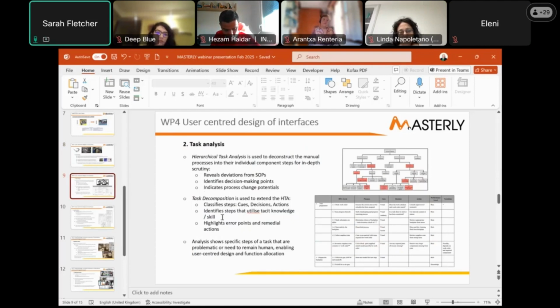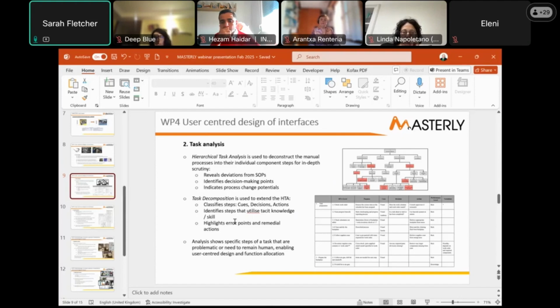We also use task decomposition, which is an extra layer. It extends the HTA by providing another layer of analysis that classifies steps into things like cues, decisions, actions. And so we can identify the steps that utilize tacit knowledge and skill. And that's important because tacit knowledge is often the part of a human operation that shouldn't be transferred to robotics.